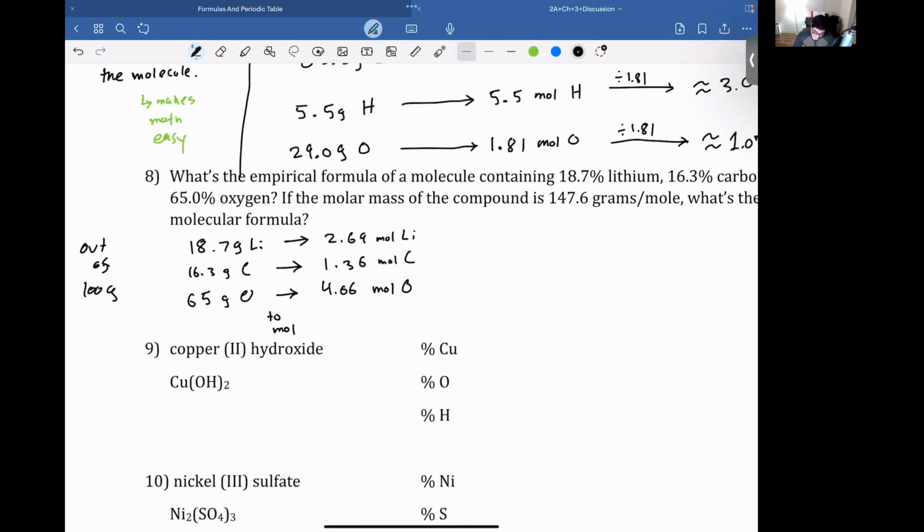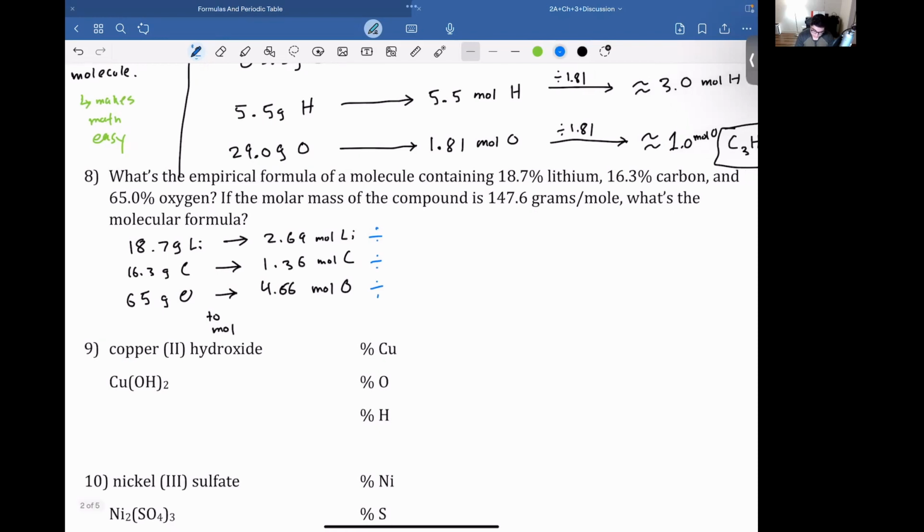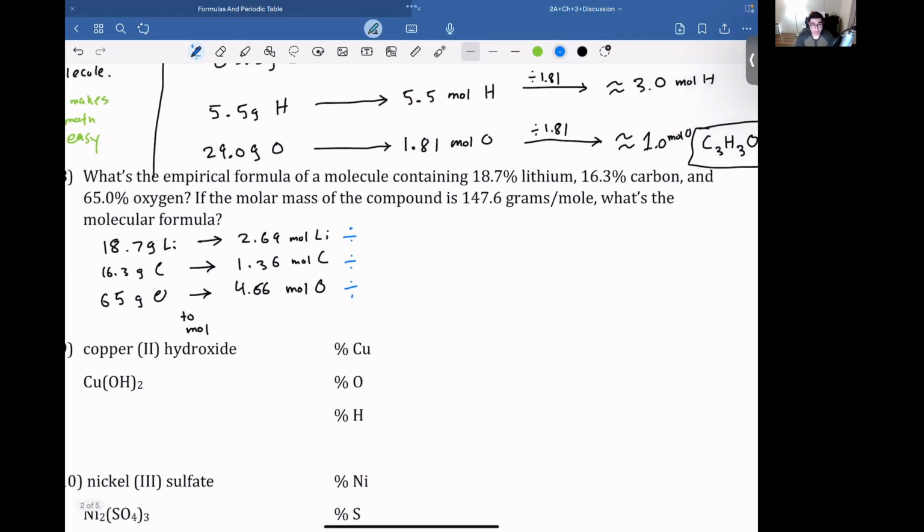All right, great. So now we have these moles. Then what I'm going to do is divide everything by the smallest one, right? So I can properly compare them in a simplified ratio. So carbon is the smallest, so I'm going to divide by 1.36 for all of them.